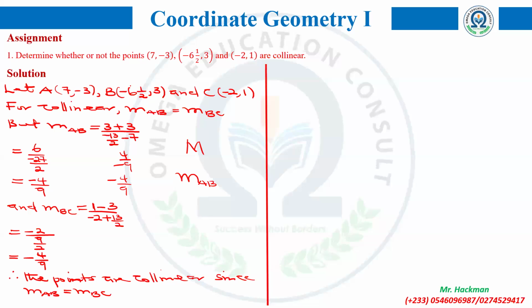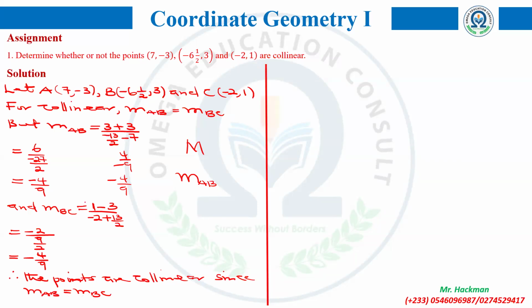So this will be minus 13 on 2, but because of the minus and the minus, minus changes to plus. Okay, if any of your gradients is wrong, you draw the wrong conclusion. So even if you draw the right conclusion, because one of your gradients is wrong, we won't give you the conclusion mark, because you are using the wrong data to draw a conclusion, automatically it should be flawed.